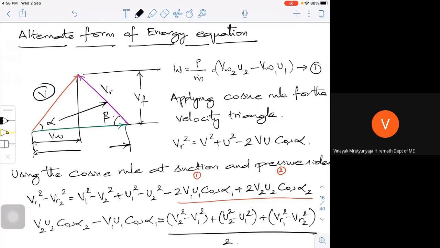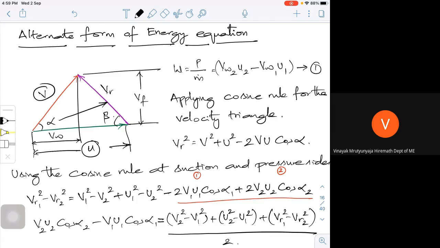Vr square is equal to V square plus U square minus 2 times V into U into cos alpha. That's how the cosine rule is. If you look in any trigonometry book, you'll be able to get the derivation of it.